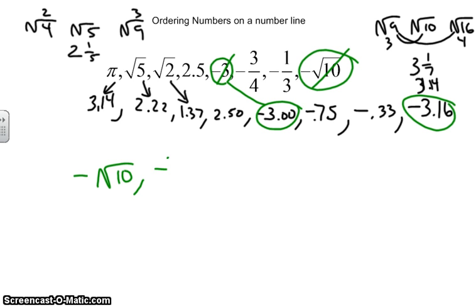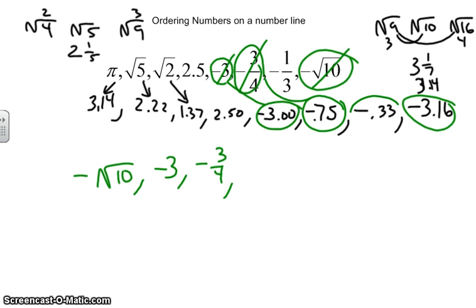So let's put in negative 3. My next biggest negative, negative 0.75, which is this one. So negative 3/4. And out of my negatives, the only one left, my smallest one, negative 0.33, which is negative 1/3.